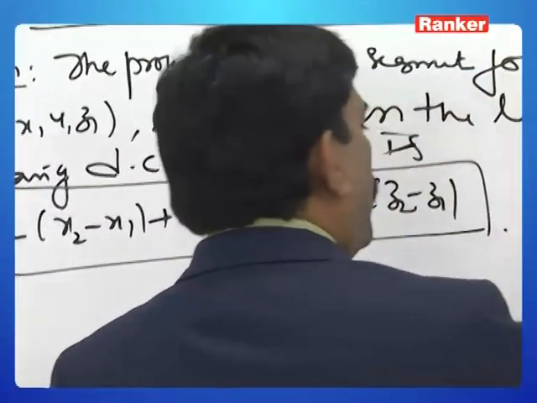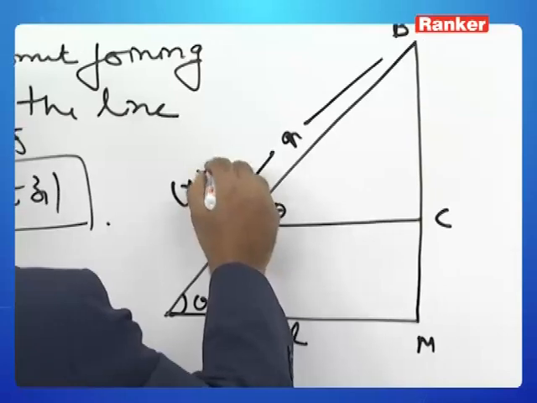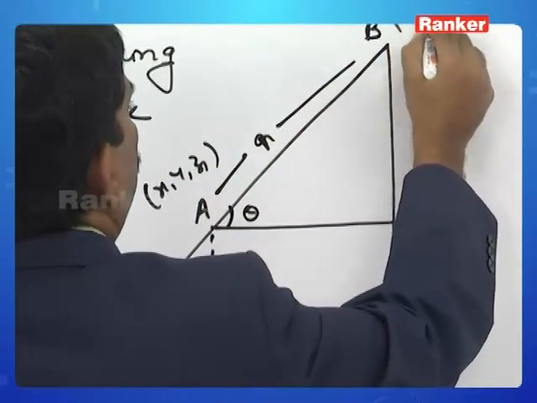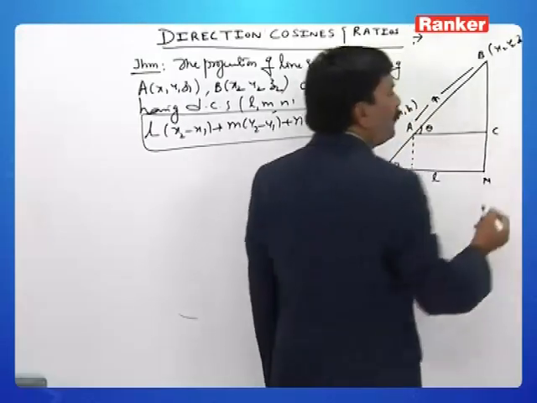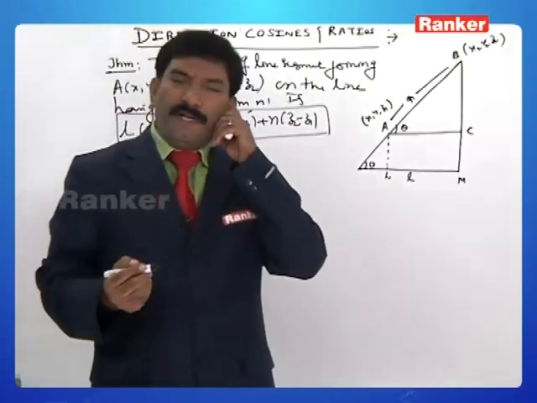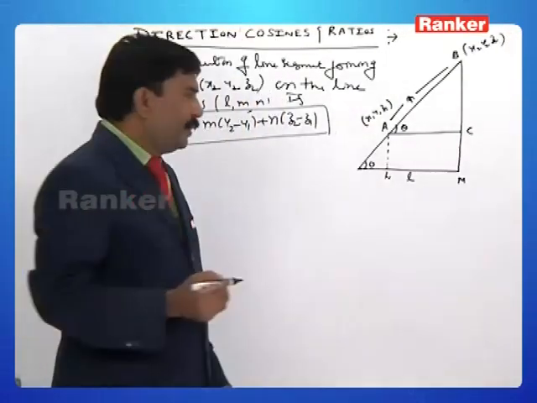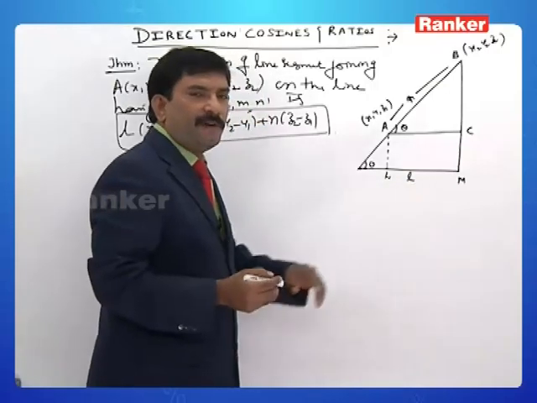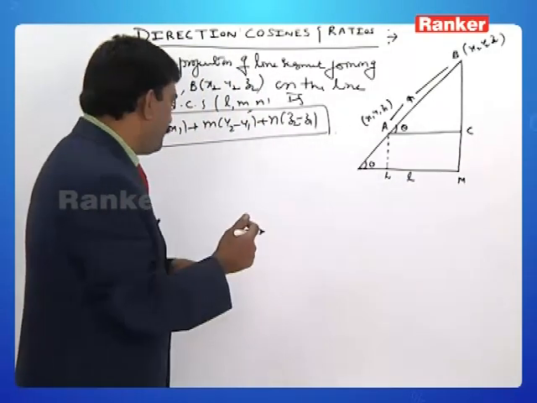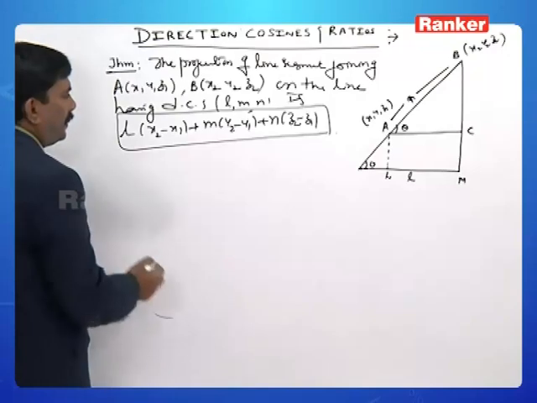Let us consider A as x1, y1, z1. You take x2, y2, z2 as the 2 points. This is a line having the what? DCs l, m, n. I start like this.